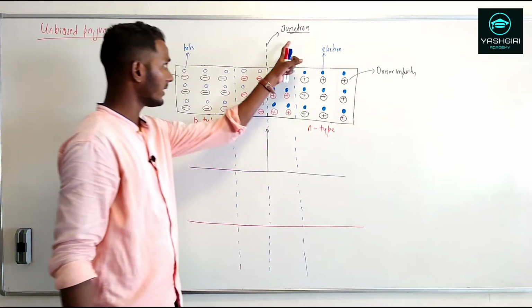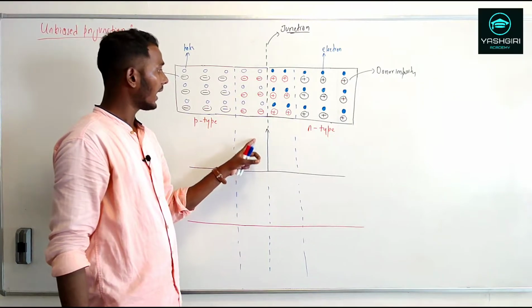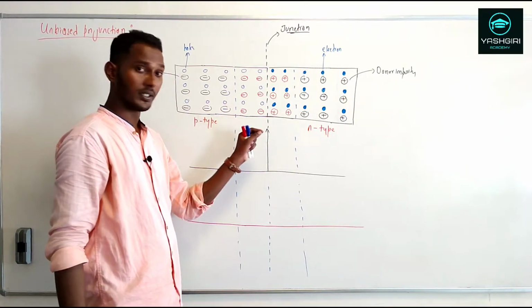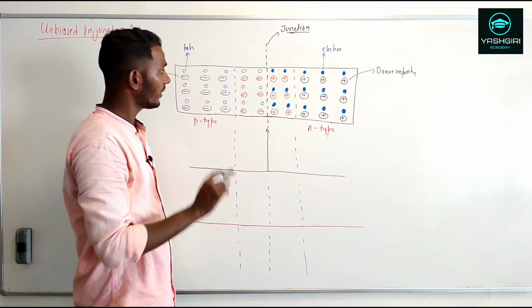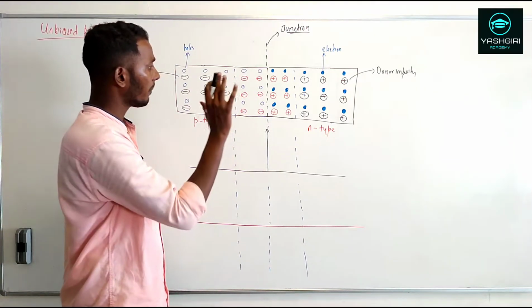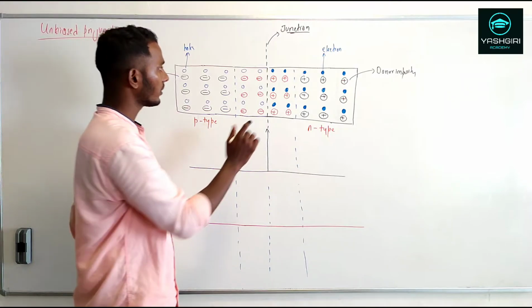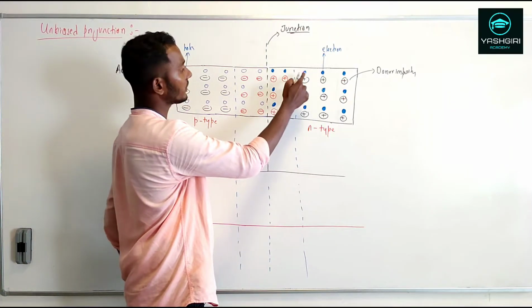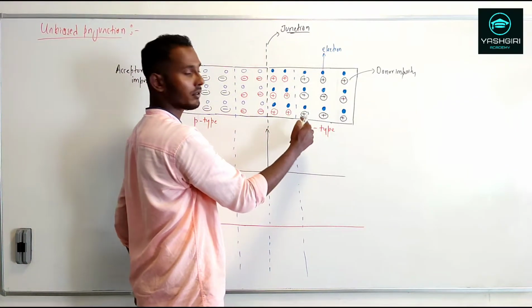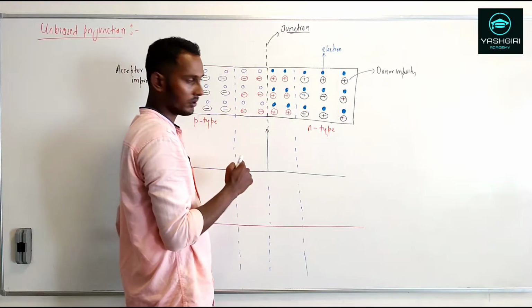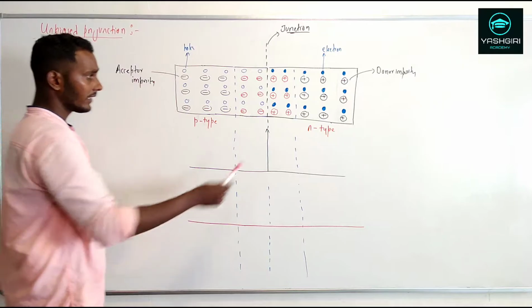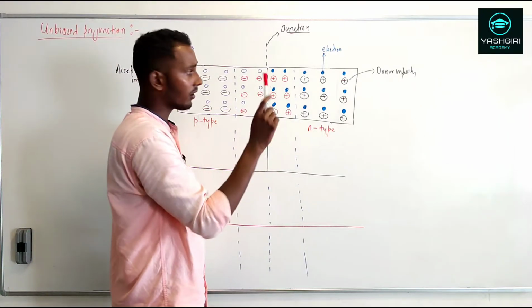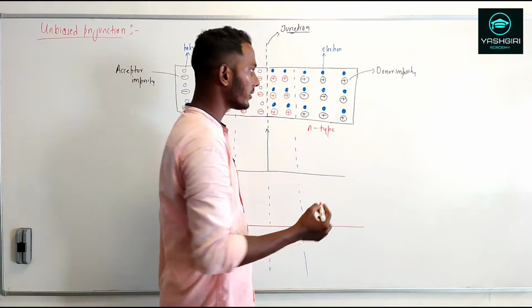Now as soon as a junction is formed, due to the concentration gradient of the p-type and the n-type material, what you will find is that the majority charge carriers will try to diffuse from the region of higher concentration to the region of lower concentration. So here in the n-type we have electrons as the majority charge carriers.